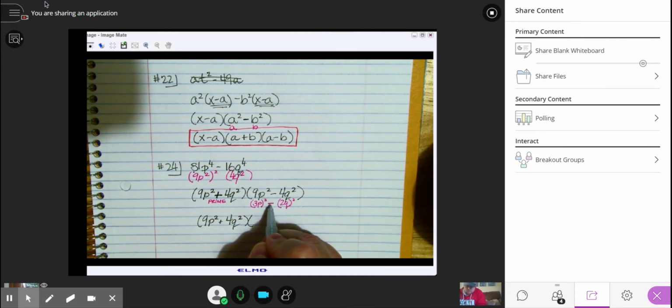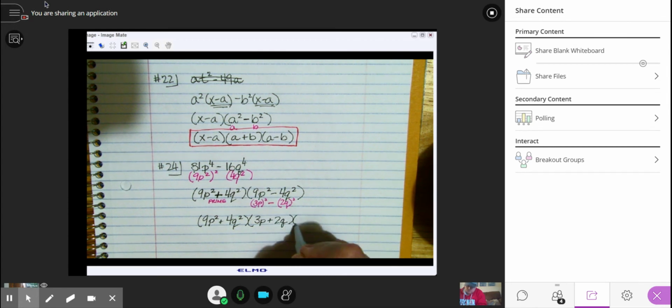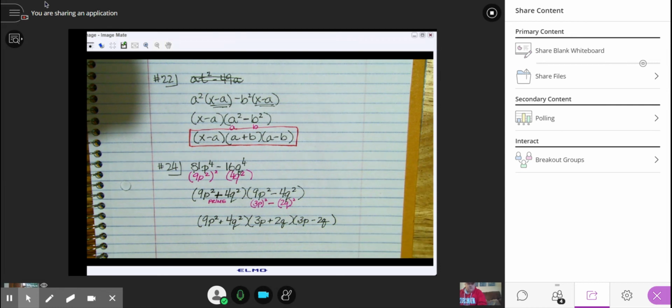Because this is the difference, I will have two different factors, 3p plus 2q and 3p minus 2q. No, but it's about the patterning for these.